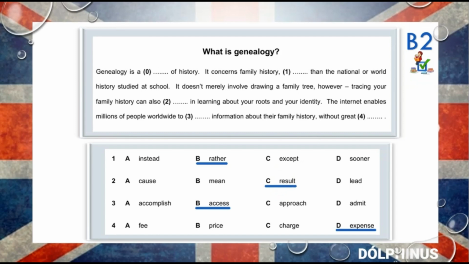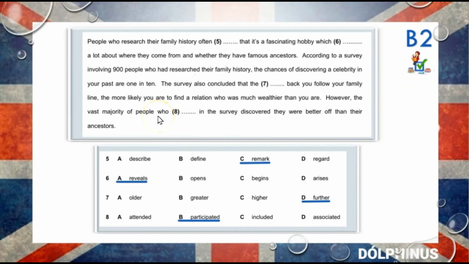If it's an individual word, then it's the context which provides which is the correct one. For example, in exercise 3, it would be access because it's talking about the internet, and the internet permits people to access information. Same happens in exercise 8 because you participate in a survey.